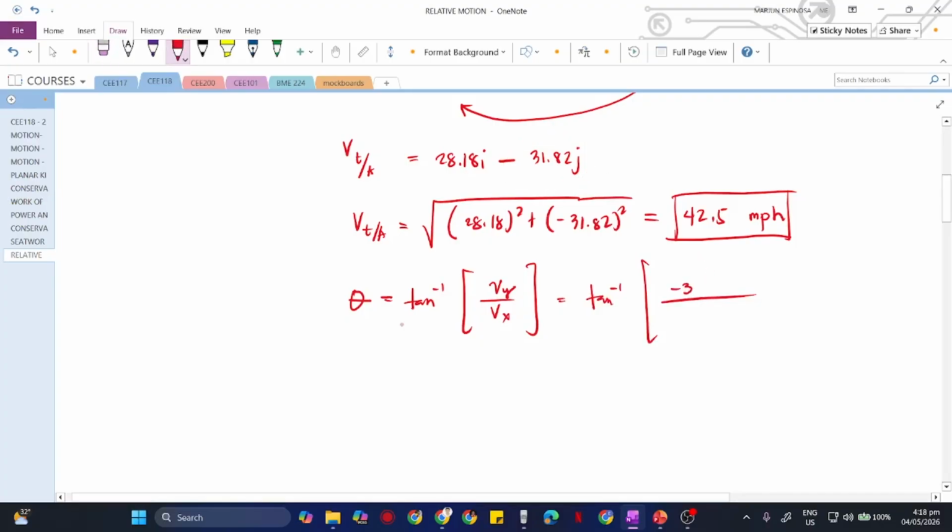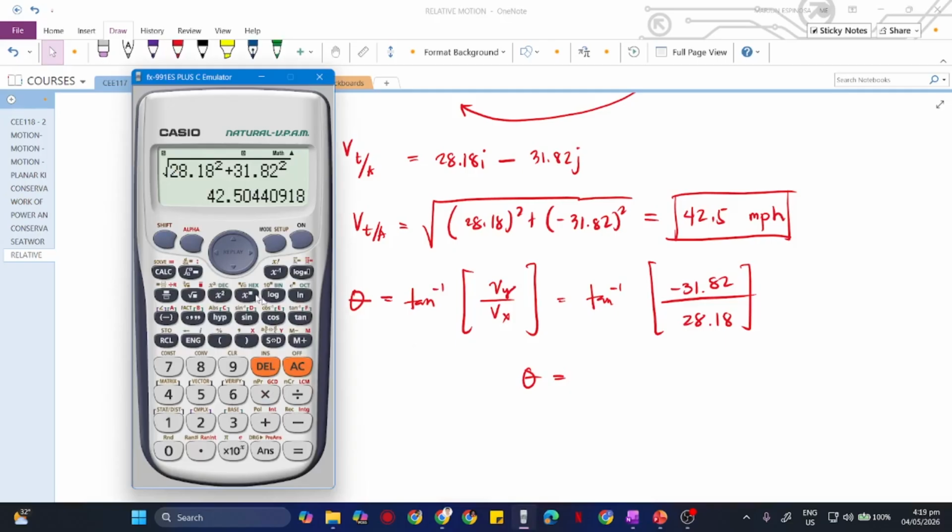Negative 31.82. Don't write the j anymore, because j is just the representation of the unit vector along x and y. Then we have here 28.18. Okay, what is the answer here, class? Arctan of negative 31.82 divided by 28.18. The answer is equivalent to negative 48.